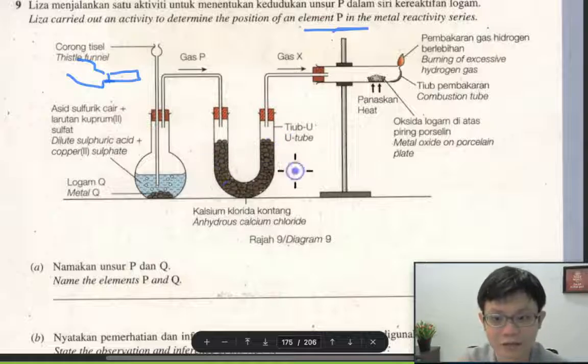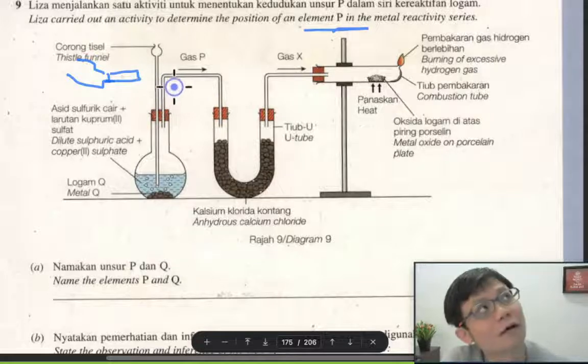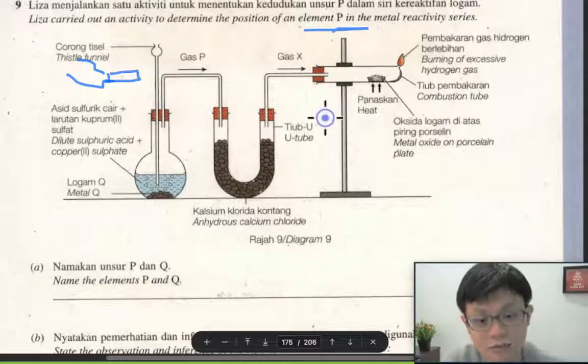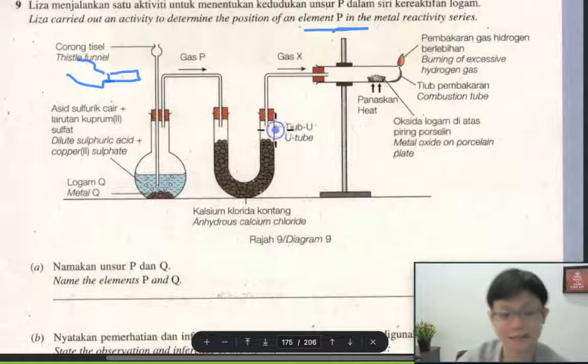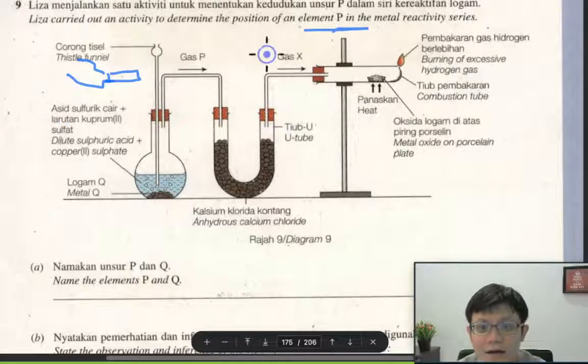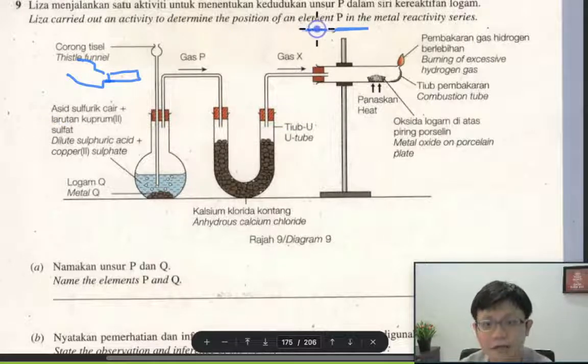This tube makes sure that it has tar, and there is a thermometer to know that the temperature of the smoking is high, and one more is to test that the smoke is acidic. But for this one, as we read the question, we know that it is to determine the position in the reactivity series.